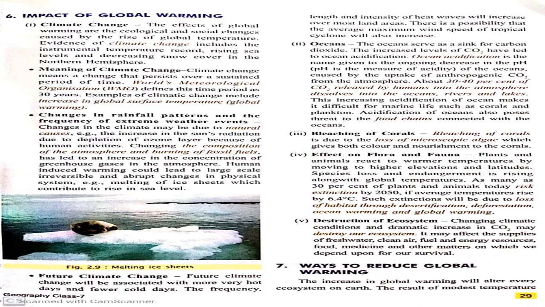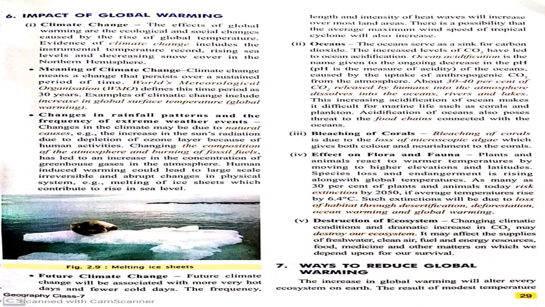As many as 30% of plants and animals today risk extinction by 2050. So by 2050, 30% of plants and animals are at risk of extinction. If average temperature rises by 6.4 degrees Celsius, such extinctions will be due to a loss of habitat through desertification, deforestation, ocean warming, and global warming.